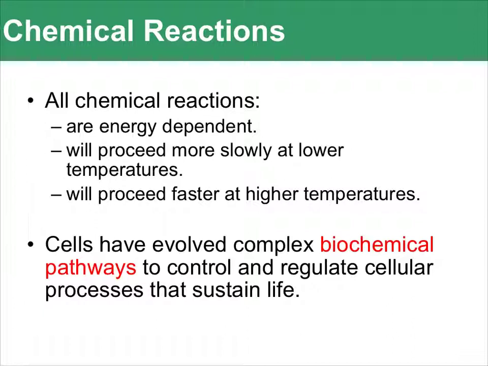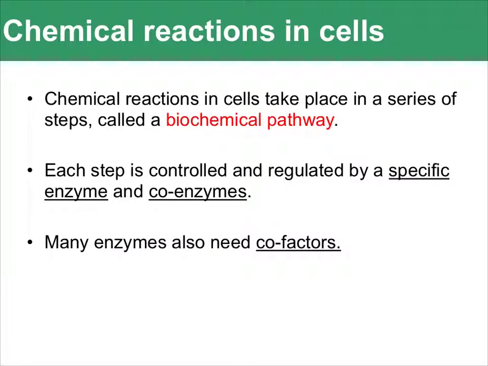Cells have evolved complex biochemical pathways to control and regulate cellular processes that sustain life. Enzymes are the key components that assist in this process. Chemical reactions in cells take place in a series of steps called a biochemical pathway. I personally like to think of this in terms of a flow chart. That way I have something that I can visualise when thinking about this process.